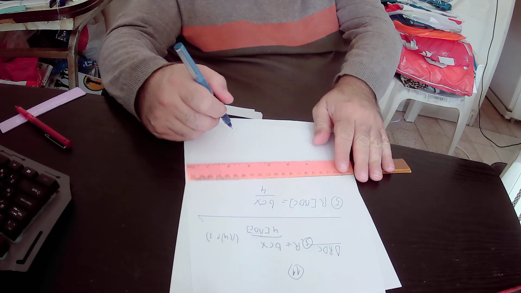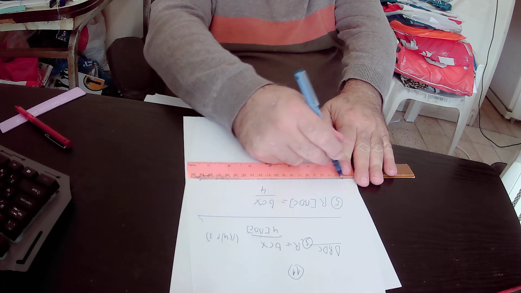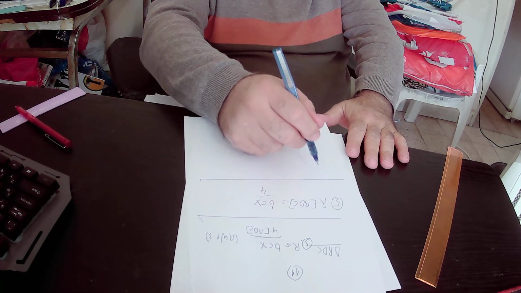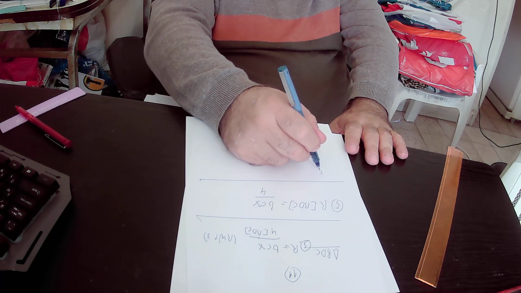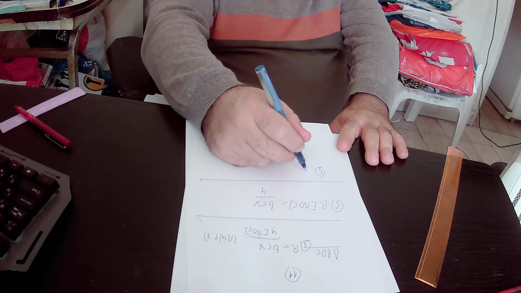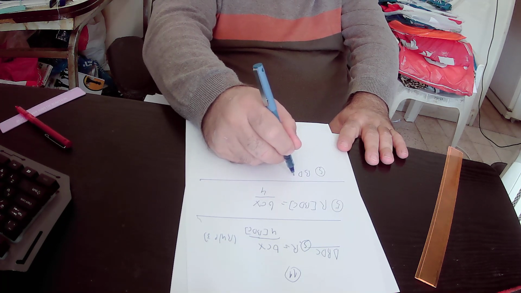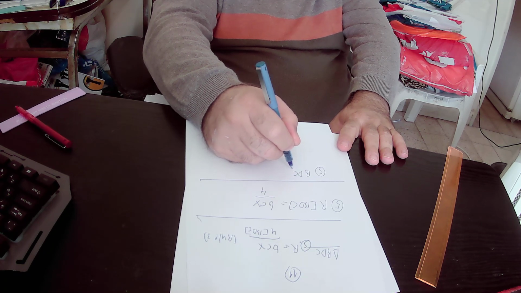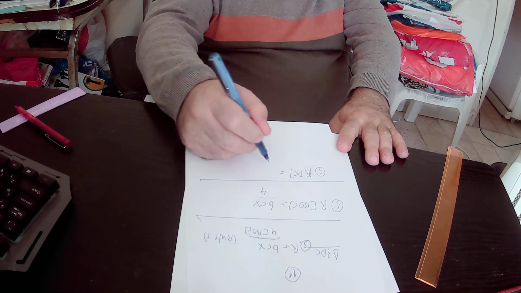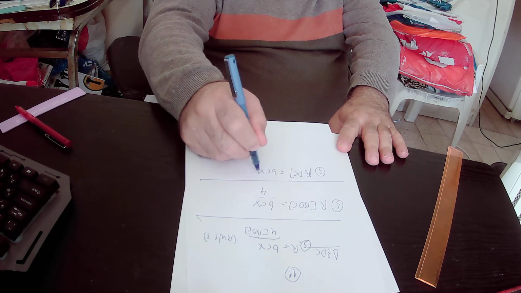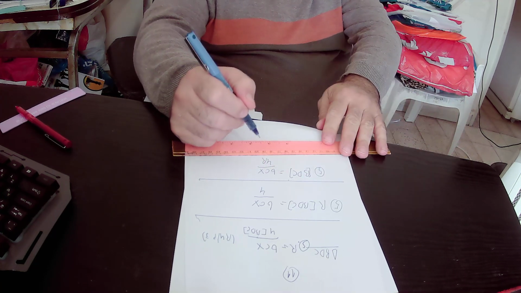Here we divide equation number 5 by the radius of the circle that circumscribes triangle BDC, and we will get that the area of triangle BDC will be equal to BCX over 4R. Okay?